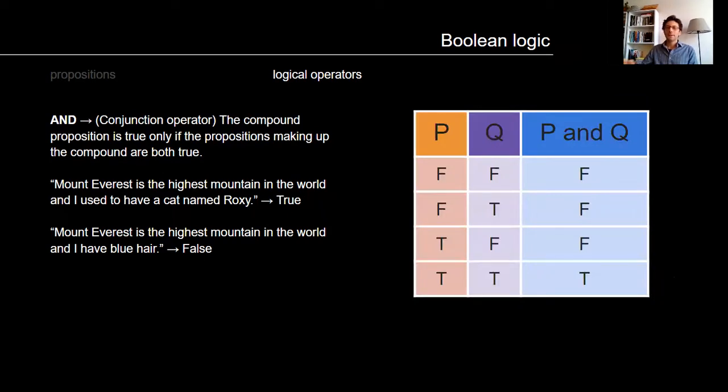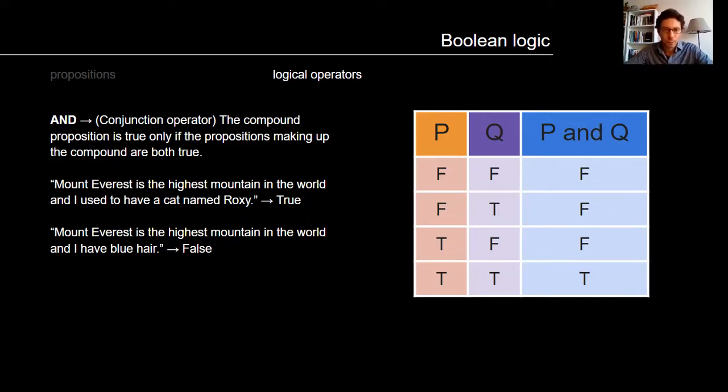Okay. Here is what we call a truth table. This is the truth table for the and operator. And here is how we fill this truth table. At the top row, I write P, Q, P and Q on the right-hand side. P stands for the first proposition that we use in a compound proposition that is connected by and.